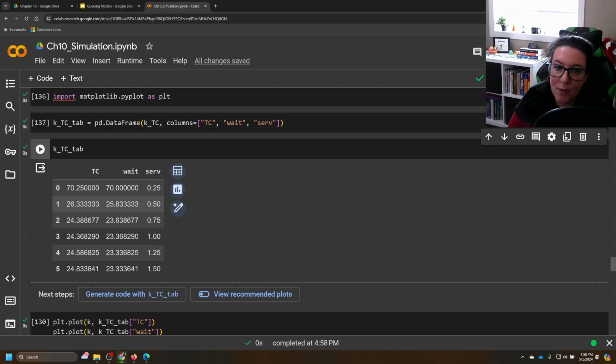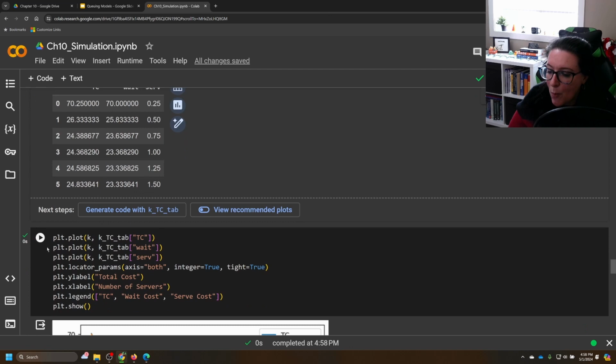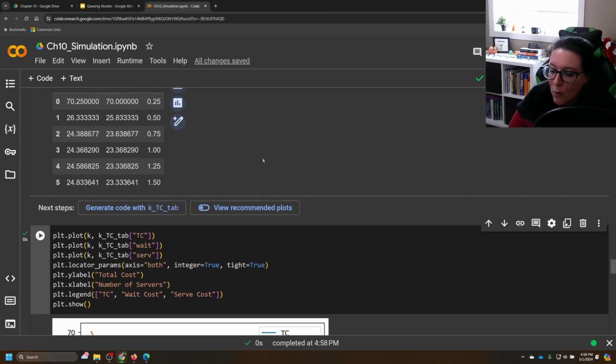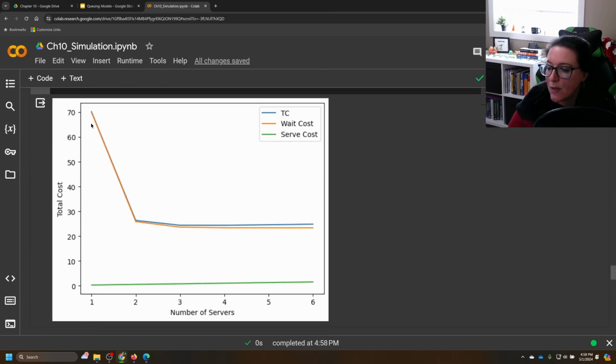The longer you make them wait, we're losing that $35 that they would have spent in the 1 minute they could have checked out. And the cost of our server is considerably lower. So when we plot that here, what we see is that the total cost is really highly dependent on the wait cost, in which case we want to go here with the number of servers being 2 in this case to help us as we look.